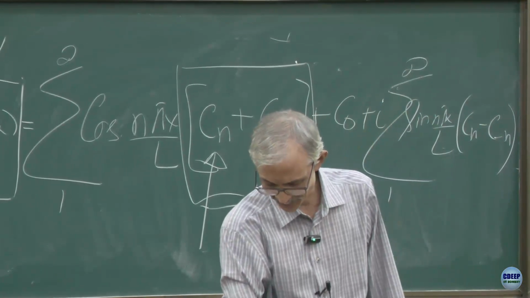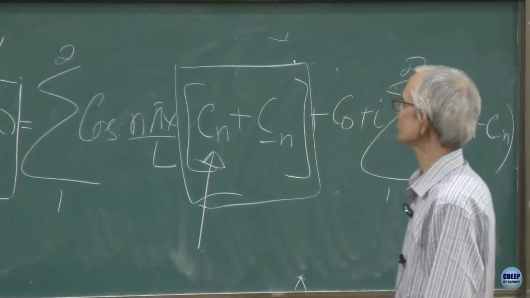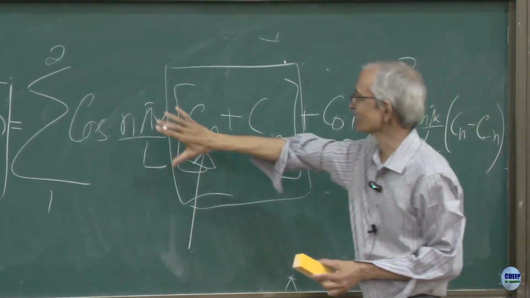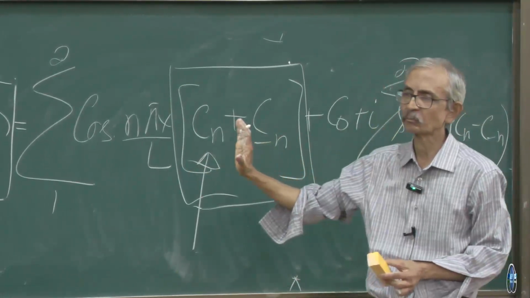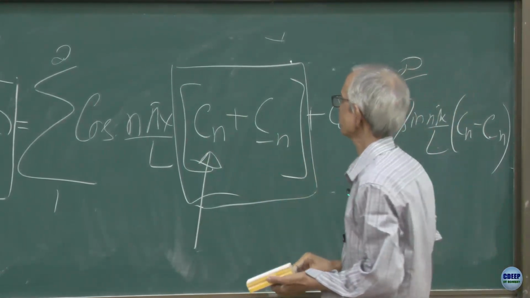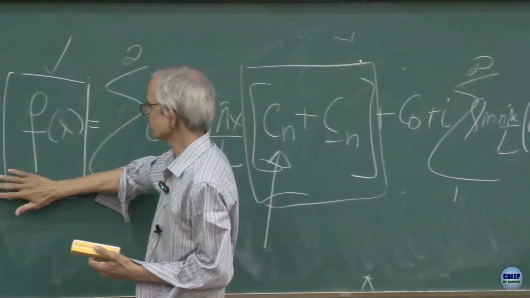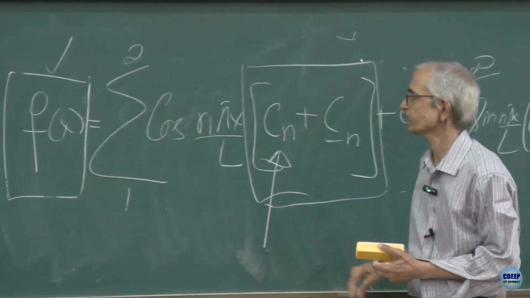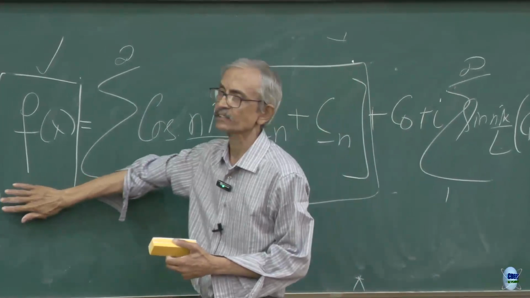Conjugate, correct? How do we make sense of this right hand side, which is complex, in the wake of the fact that f(x) is a real function?